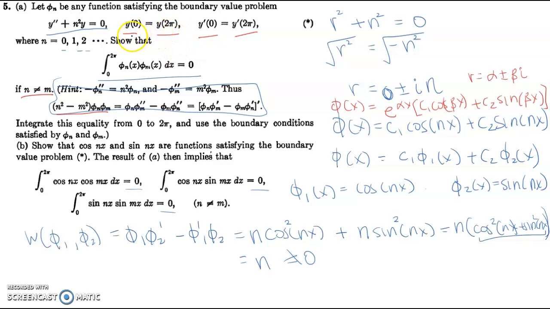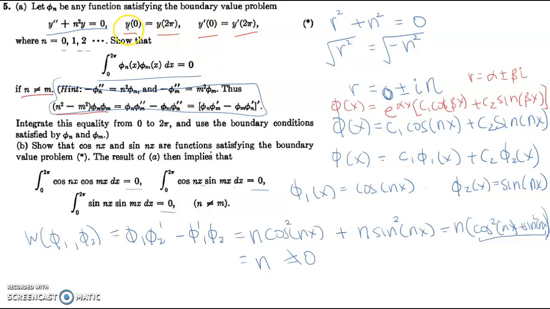Likewise, sine of 0 has the same value as sine of 2 pi. So any mix of cosines and sines is going to equal 0. That's not true for tangent.